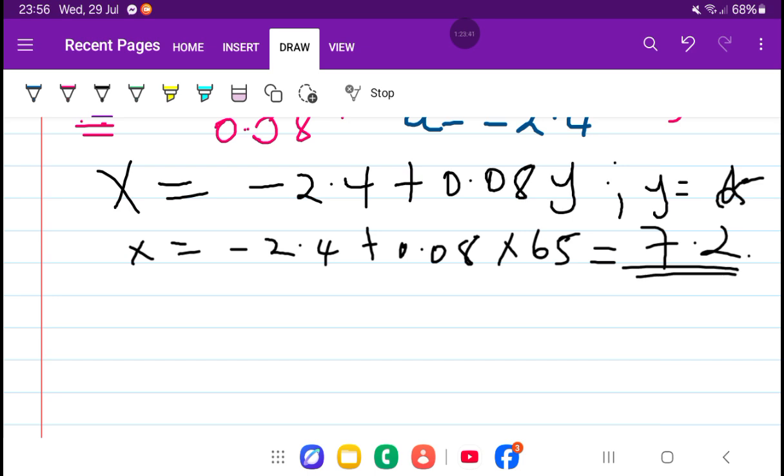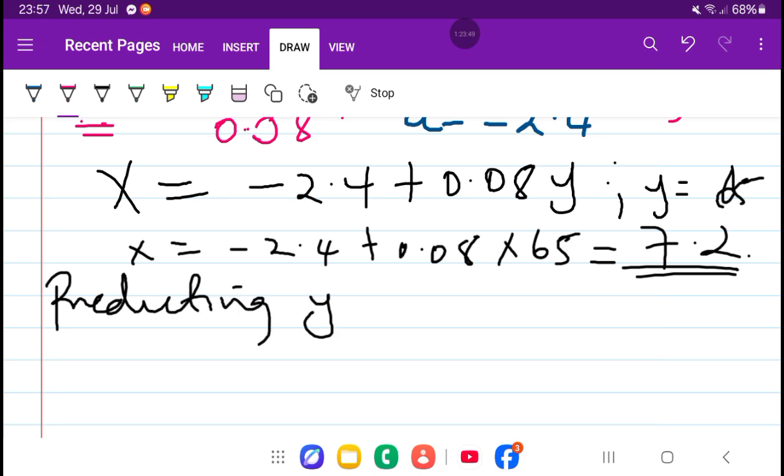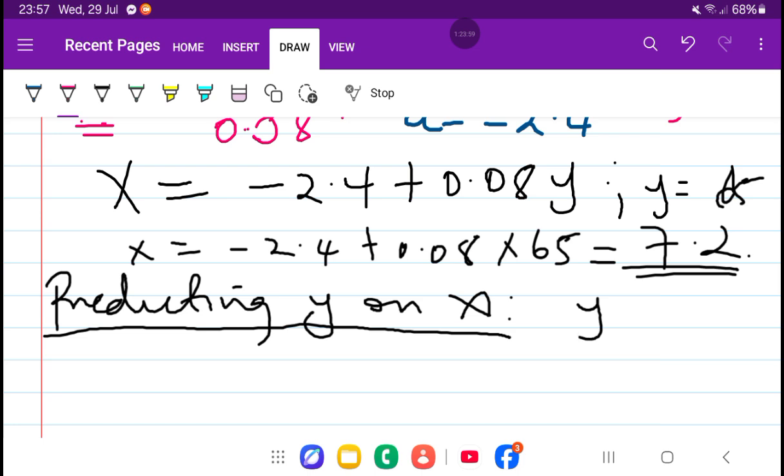Now I want us to assume that we are predicting y on x. The equation will be y equal to a plus bx.